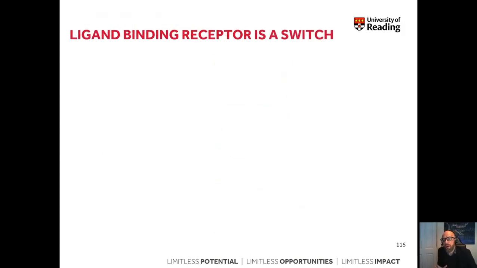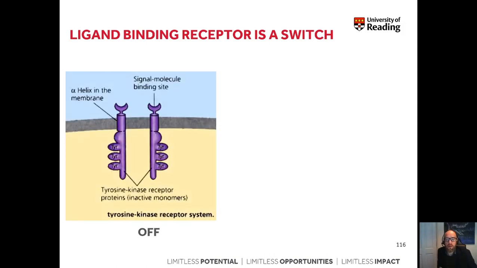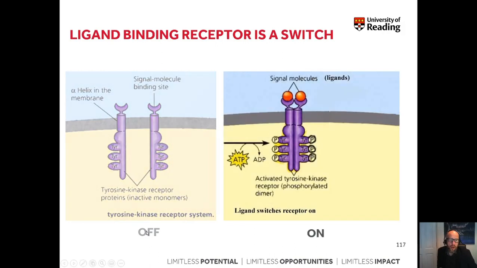Again, a ligand binding to a receptor is another molecular switch. So what you can see here is a receptor in its inactive form. We have two monomers of the receptor, and without presence of the ligand, they remain inactive and the switch is off. However, after a ligand binds to a receptor, this usually induces a conformational change of the receptor, thereby allowing the receptor to dimerize to form a dimer.